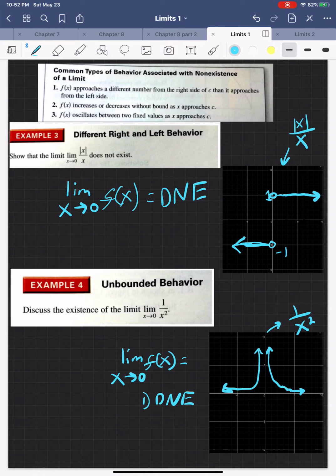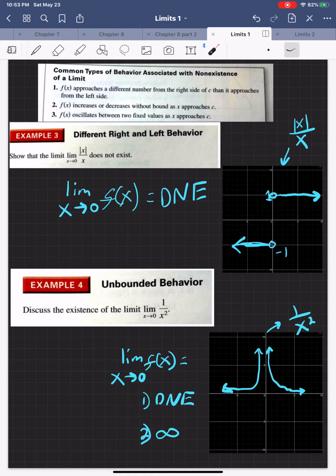But you could also state that the graph is approaching positive infinity. Either way, you're saying the same thing. You're telling me why it does not exist. It does not exist because it's approaching infinity, or it does not exist because it's not approaching the same number from both sides.